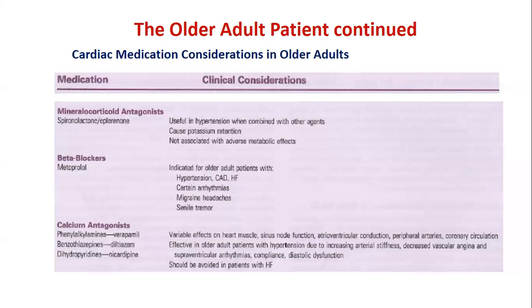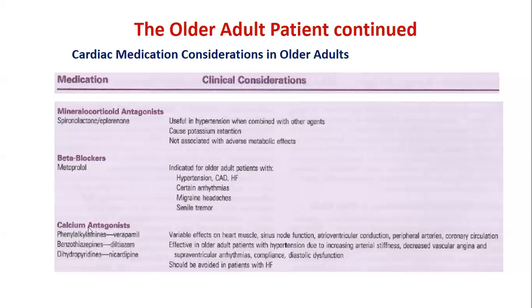So if patient has asthma, it is good not to give. Or if patient has heart block, it is good not to give. If patient has cardiac failure, it is good not to give. Even diabetic patient can cause hypoglycemic shock or occlusive arterial diseases.